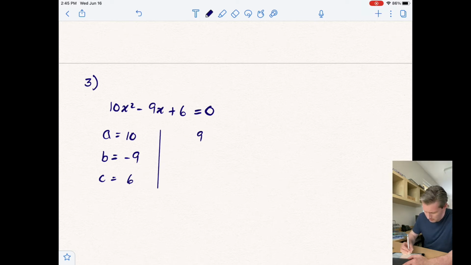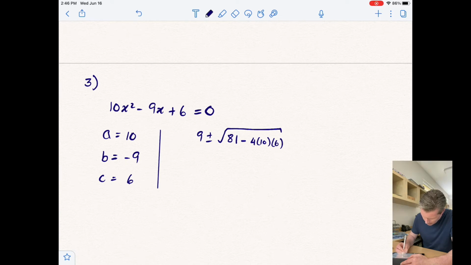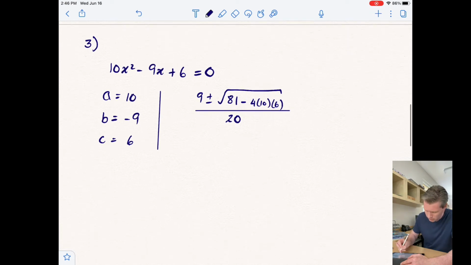Plugging it in, minus b becomes minus negative 9, so that's plus 9, plus or minus the square root of b squared, which is negative 9 squared, that's 81, minus 4ac, which is 4 times 10 times 6, and that all over 2a, which is 2 times 10, that's 20.